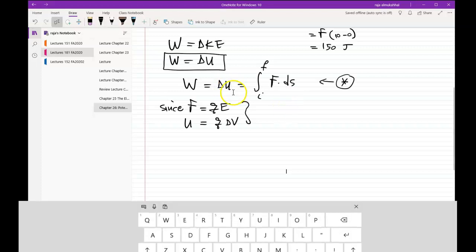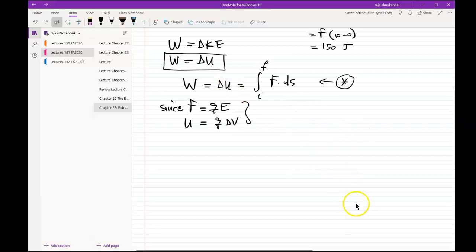This delta W here is equal to that. Maybe I should call that delta W, because there is delta V here. So in this case, it will be Q delta V equals the integral from some initial value to some final value of the force QE ds.